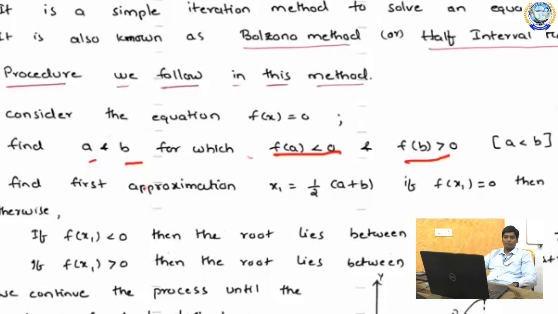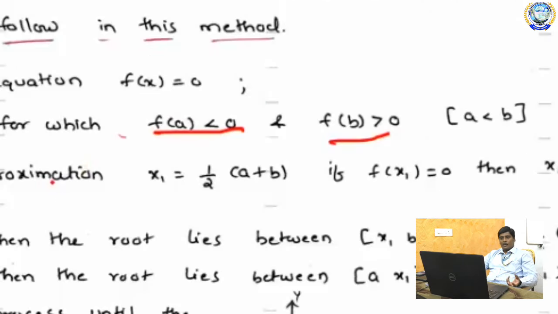By this bisection method, I will do the procedure like this. I will choose the two values a and b, such that f of a is less than 0 and f of b is greater than 0. Then I will take the average of these two values a and b. Average means a plus b divided by 2. So we get a value x1.